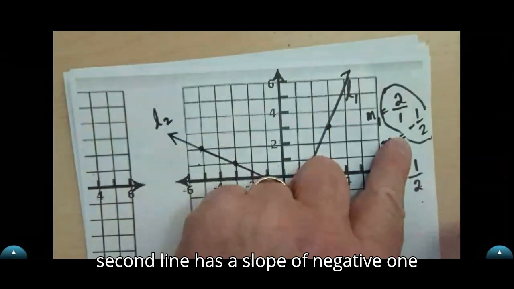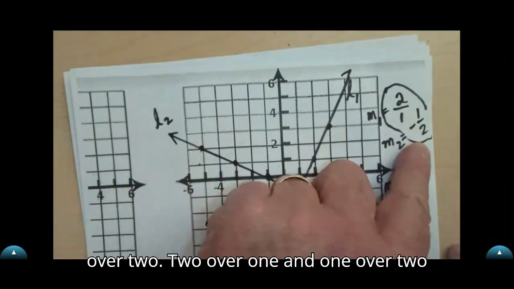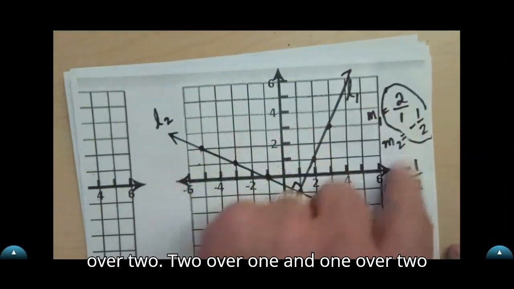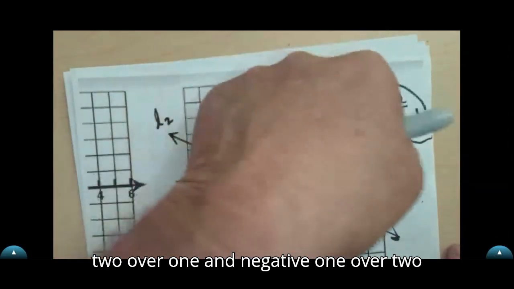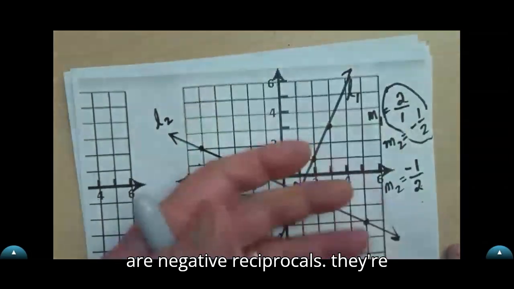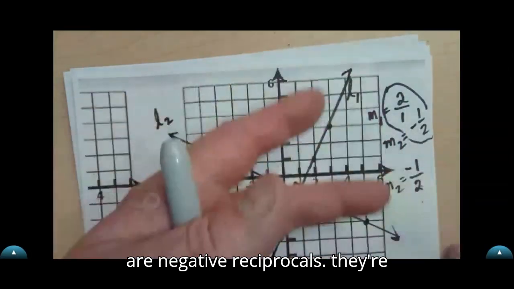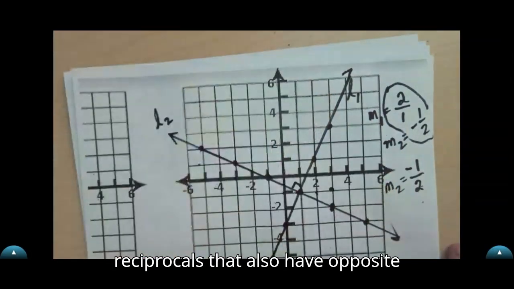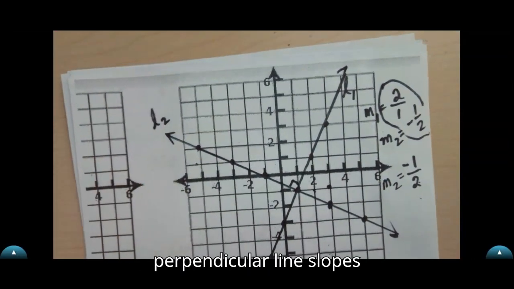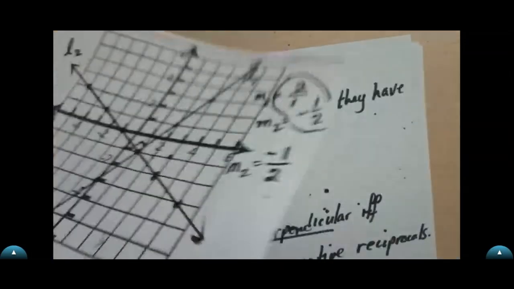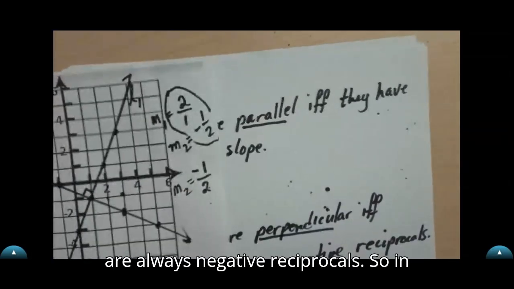The second line has a slope of -1/2. 2/1 and 1/2 are reciprocals. +2/1 and -1/2 are negative reciprocals. They're reciprocals that also have opposite signs. Everybody see that? So perpendicular line slopes are always negative reciprocals.